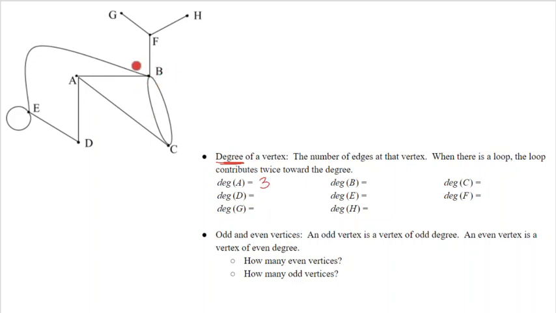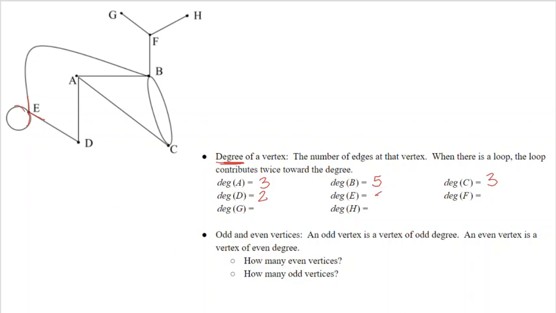Vertex B, we have 1, 2, 3, 4, 5 edges. Vertex C, we have 1, 2, 3 edges. Vertex D, we have 1, 2. Vertex E, this is where we mentioned the loop. We have 1, 2, and then both ends of the loop.